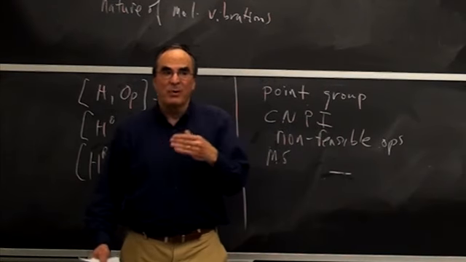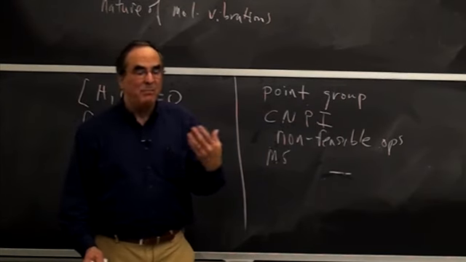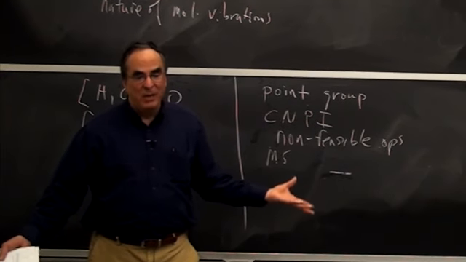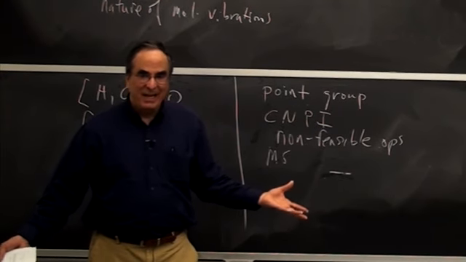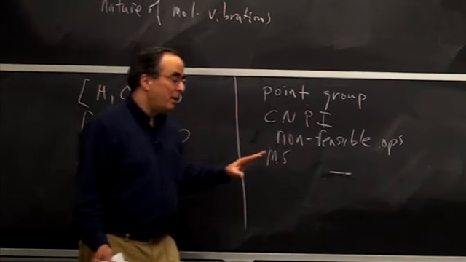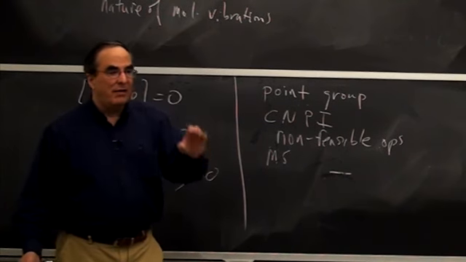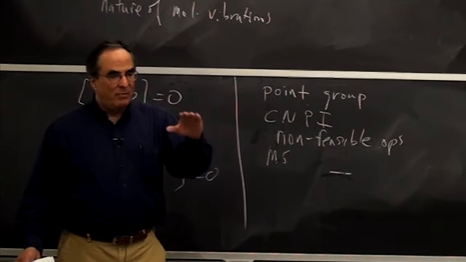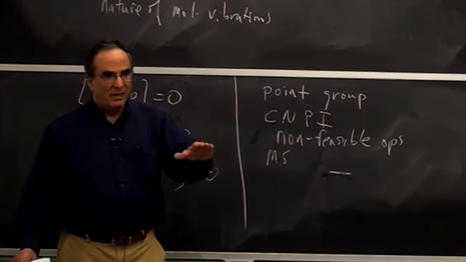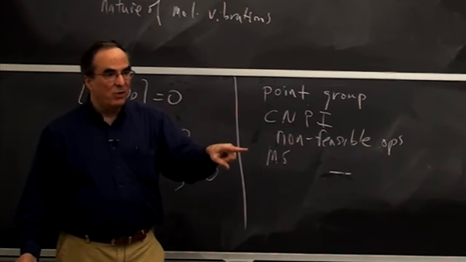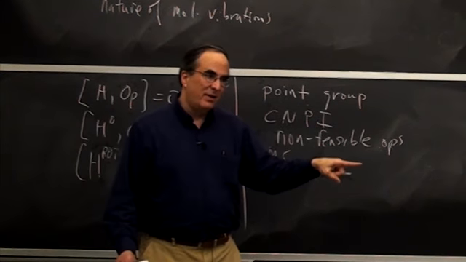And that's really what we're interested in when we're looking at bond-breaking isomerization, because nothing could be more not feasible than breaking bonds. And so you have to get used to the idea that if you neglected a rigorous symmetry, you have said, I'm going to treat a state as if it were non-degenerate.